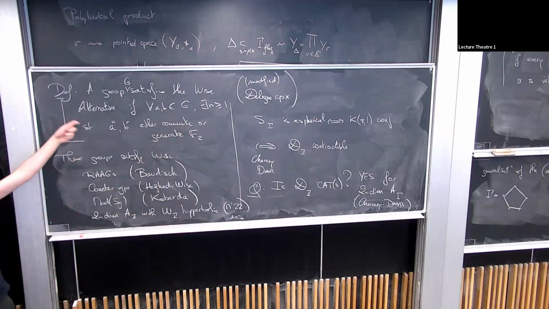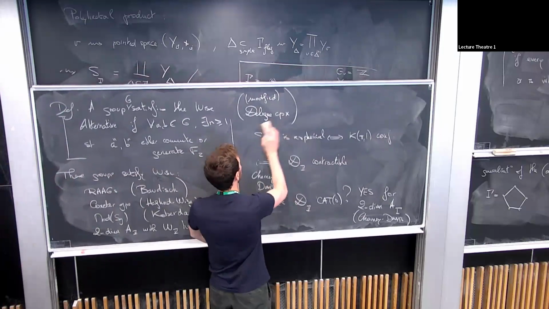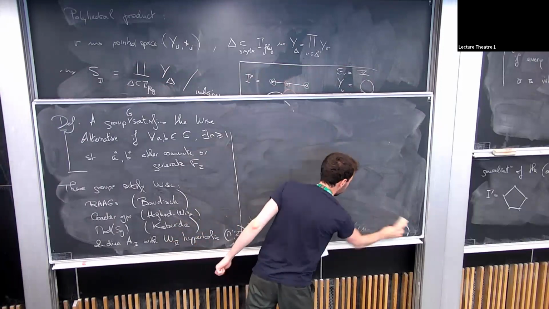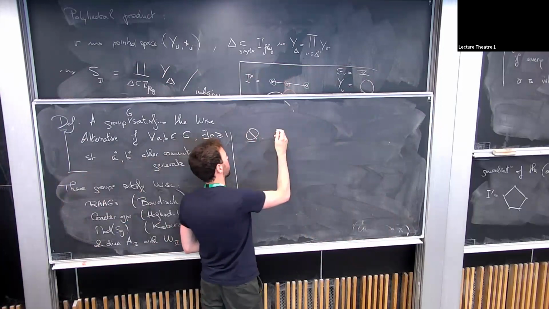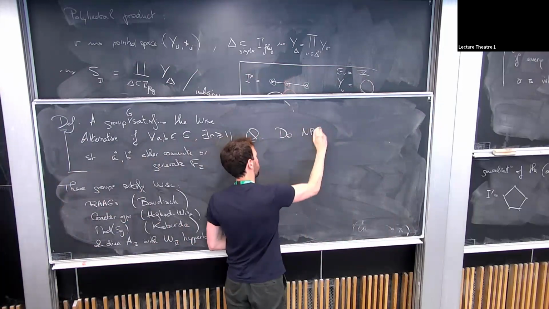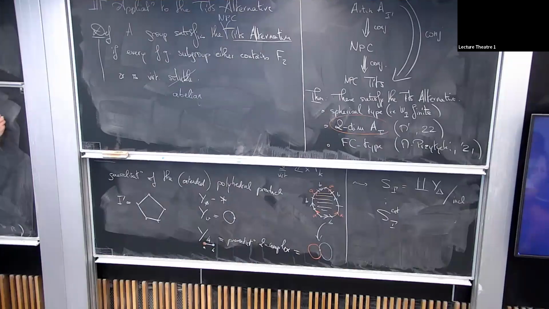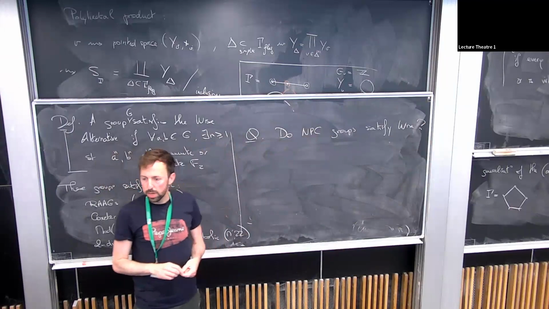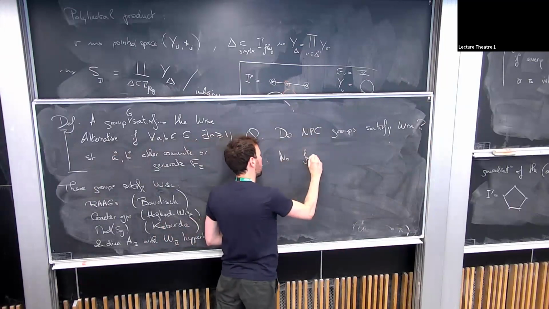So a natural question, and it was actually a question asked by Wise in a list of open problems in geometric group theory: do non-positively curved groups satisfy the Wise alternative? I mean, he didn't call it that, but you can call it that. You only phrased it for CAT(0) groups and biautomatic groups, but you can really phrase it for any non-positively curved group. And well, no, it's not true for CAT(0) groups, at least.